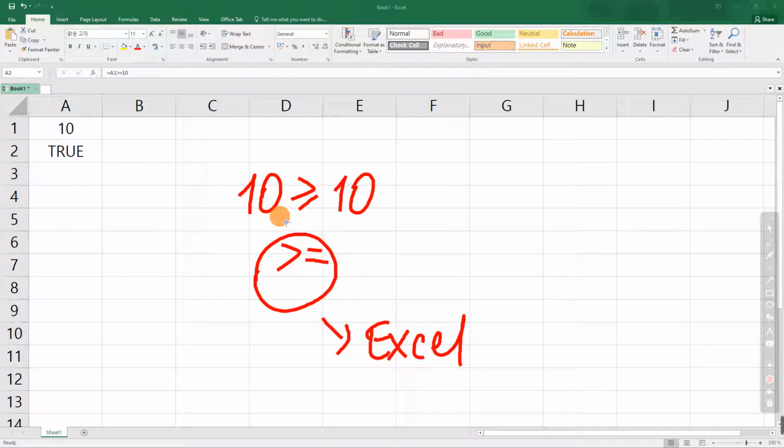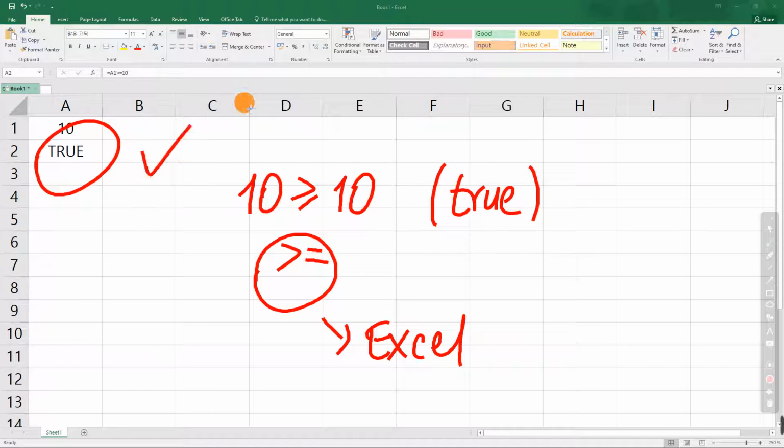So if I write in this way, greater or equal, 10 is not greater than 10, but 10 is equal to 10. So we can say that this is a true statement, right? That's why here Excel returns true, right?